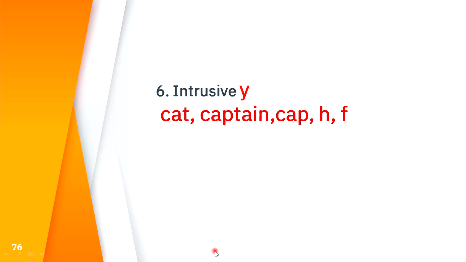For example, instead of pronouncing cat, they will pronounce it as cyat, captain, cyaptain, cap, cyap. Then the letters H and F are pronounced differently as well.